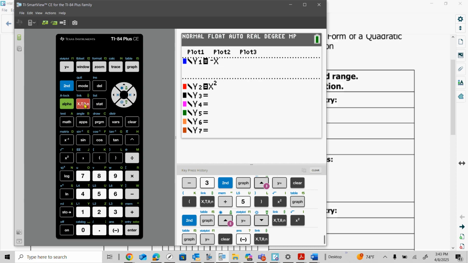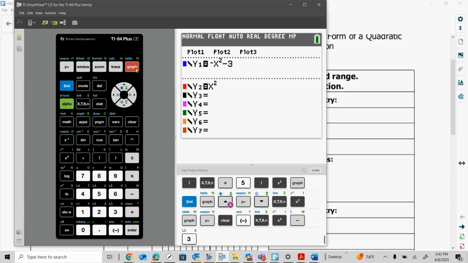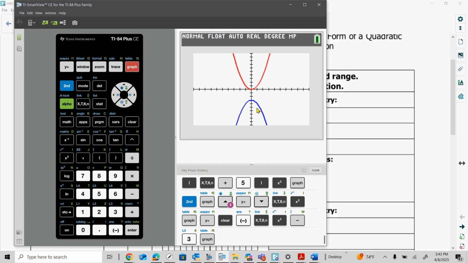The x is next to the green alpha, x squared, minus 3. And they were graphing. I'm graphing the parent, which is the red function for me, because they wanted you to compare them. What I want to be able to see is the vertex. That's our turning point in our curve, our parabola. And I can physically see that it's on the y-axis at negative 3.